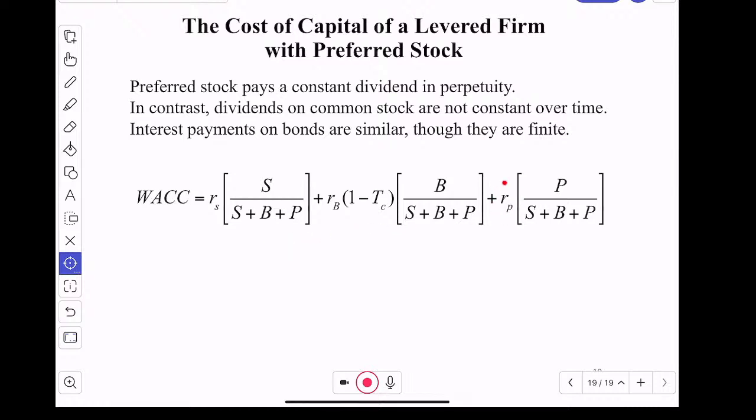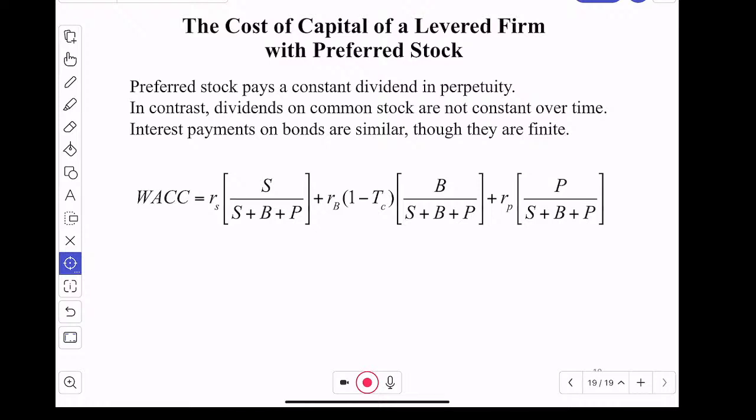The preferred stock may be issued. Preferred stockholders have more of a commitment than the common stockholders. They pay a little bit more, but they expect a higher, or more likely, a less risky return.